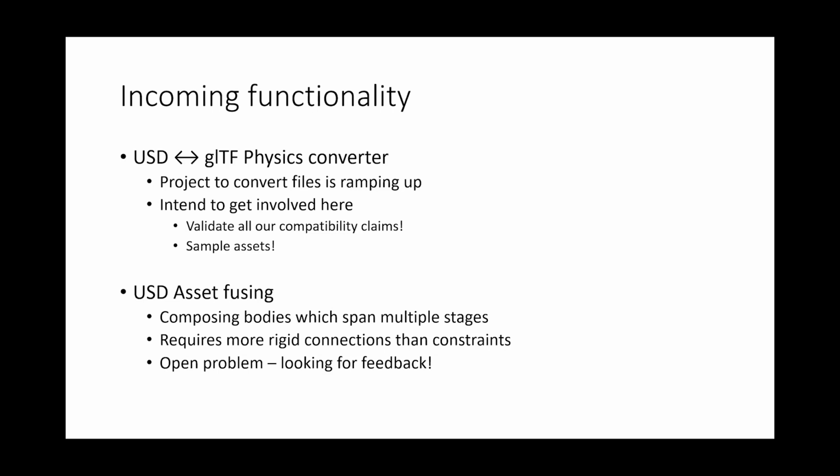We would need to support either fixed joints that don't actually create constraints, or aggregate rigid bodies, but we have problems implementing that, or some other kind of aggregation logic in USD physics. So this is a current problem on my mind, and maybe we need to deal with it somehow.